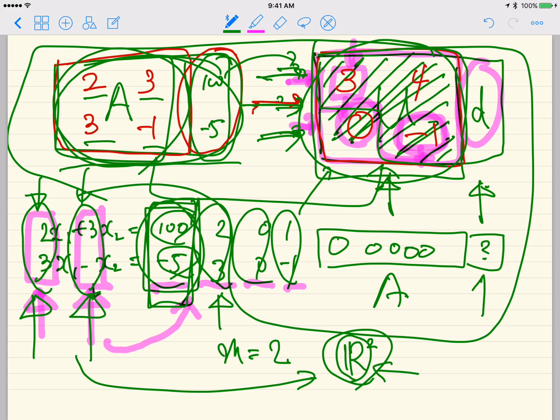Okay, so let's look at the code. First of all, I created a matrix as a coefficient matrix.